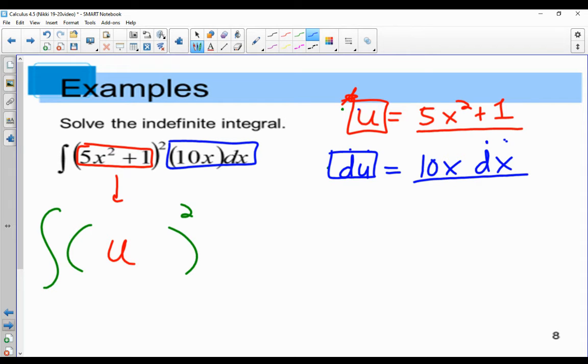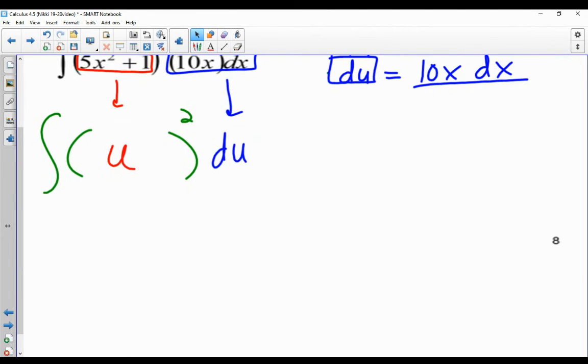So I can replace all that with du. So go ahead, replace that with du. So in other words, that gives us the integral of u squared du. And if you look at that, that is very much easier to derive. Well, I meant antiderive. You can find the antiderivative of this.